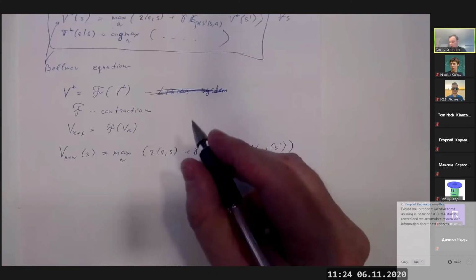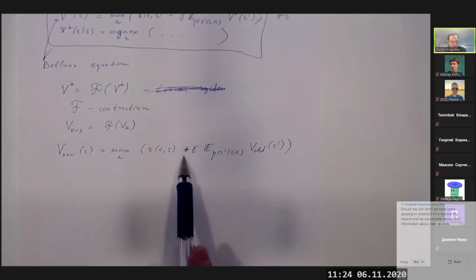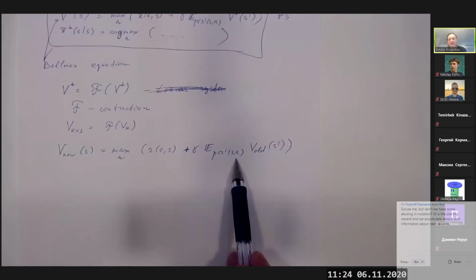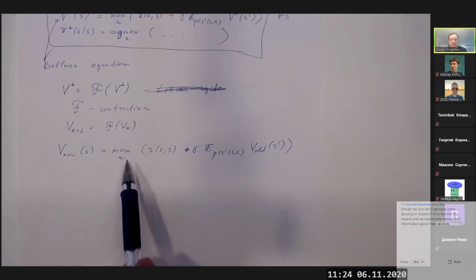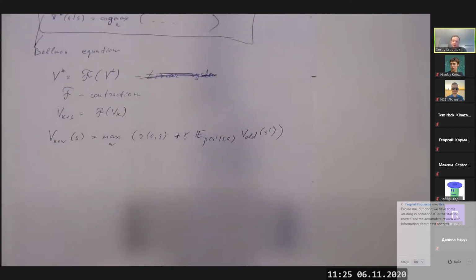And in this way, if we are able to calculate what is written here, meaning that we are able to calculate these expectations and take this max with respect to all possible actions, we are guaranteed to converge to the optimal Bellman function, the optimal value function. And from this optimal value function, using this formula, we extract the optimal policy pi. That is the algorithm called value iteration.